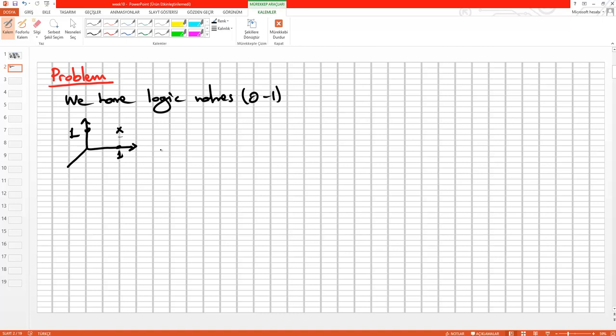Okay? So the main question is how can we distribute this line, which means that in this case this is the line, in order to represent the probability.